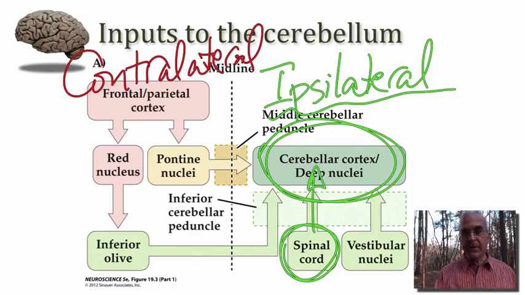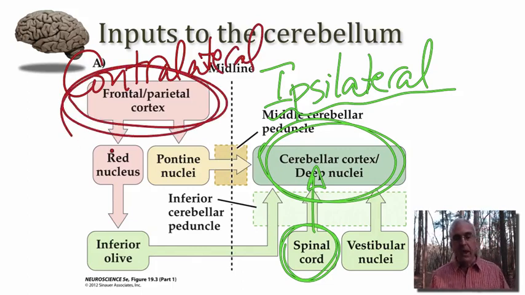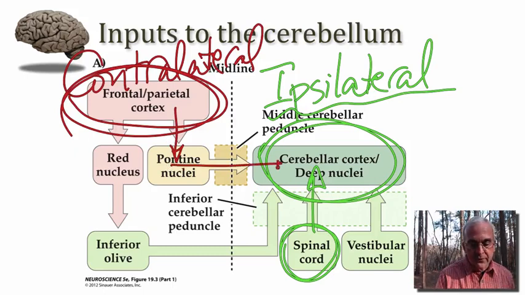So this means that one side of the body is going to be represented in the opposite cerebral hemisphere, but in the same-sided cerebellar hemisphere. And perhaps this provides a helpful way to just think through the necessity of this connection from cortex to pons and then from pons to cerebellum.